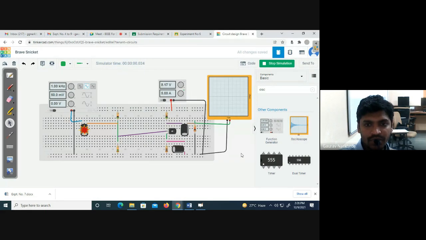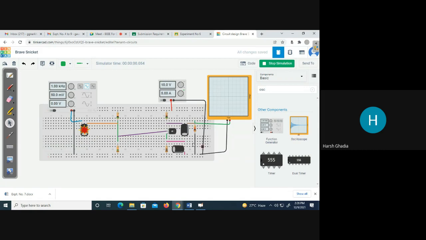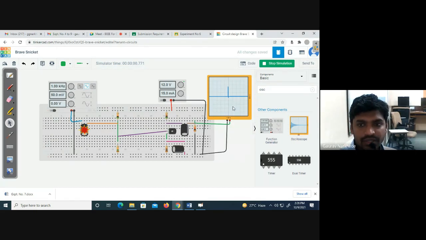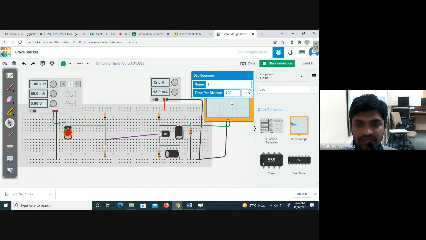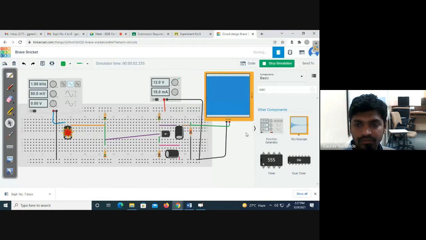So let me start simulating it. And then there is some problem, right? Why is there a problem?